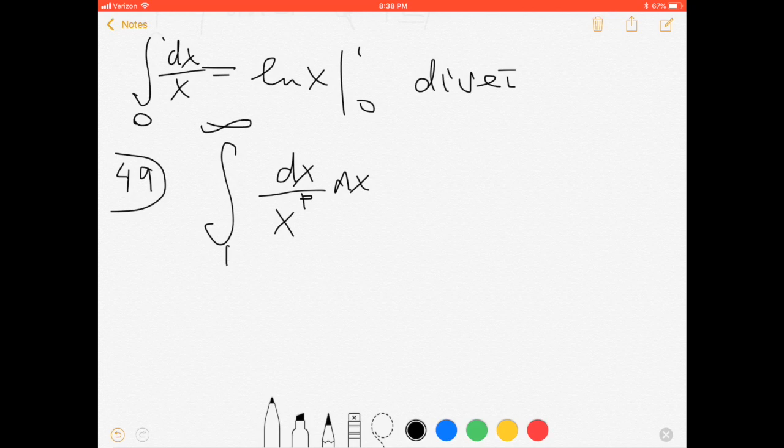This means the problem point is the upper bound. Okay, solving the same way, this means x to the 1 minus p over 1 minus p.